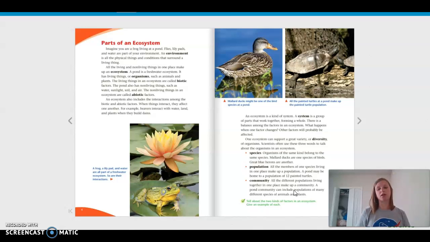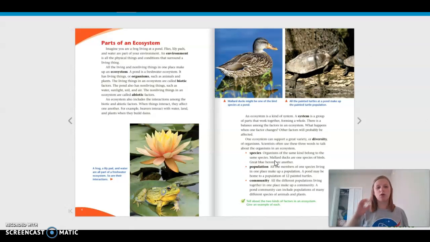Okay, so community is all the different species in one place. Population is one species in one place. And then a species is just one type of organism that belongs to the same species.